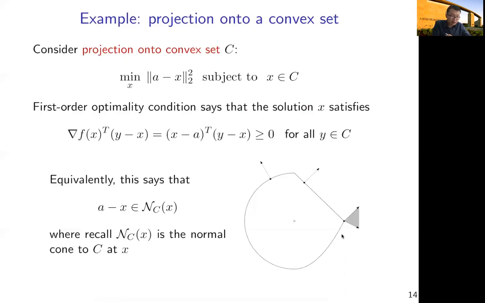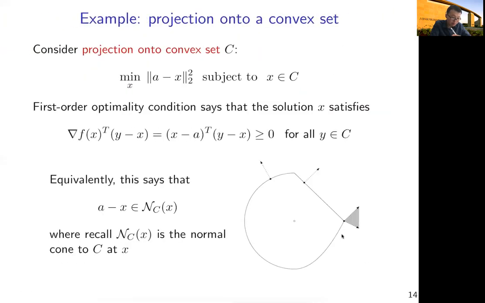Remember that we talked about a particular convex set of interest called the normal cone. The first order optimality condition is equivalent to saying that the difference between this input A and the optimal solution X is always inside the normal cone.